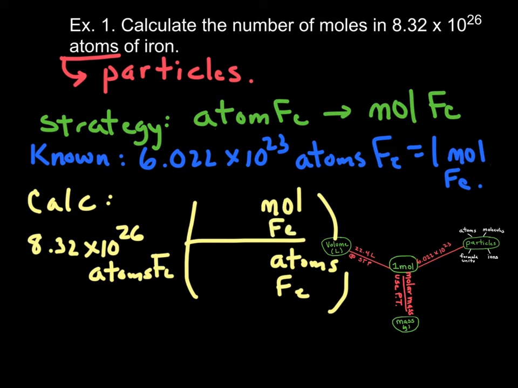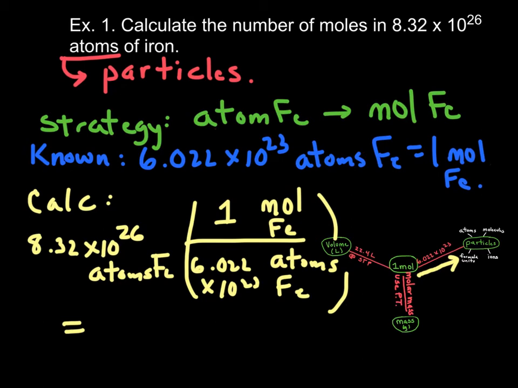So when we look here, again, we're going to go from moles to particles using 6.022 times 10 to the 23rd. So there are 6.022 times 10 to the 23rd atoms of iron in 1 mole of iron. When we do this math, and we put it in the calculator, remember to use your EXP button or your EE button on a TI.